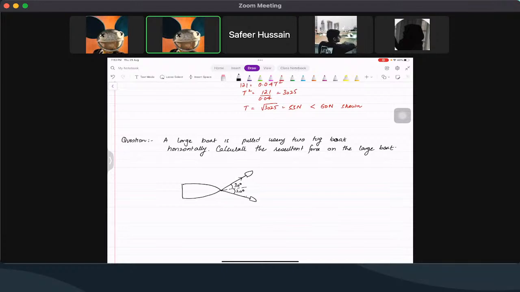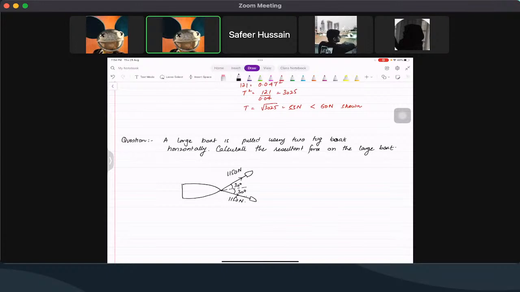This force is 1150 newtons, and this is also 1150 newtons in the question. Okay, so the forces are given. Can you find the resultant force, please?